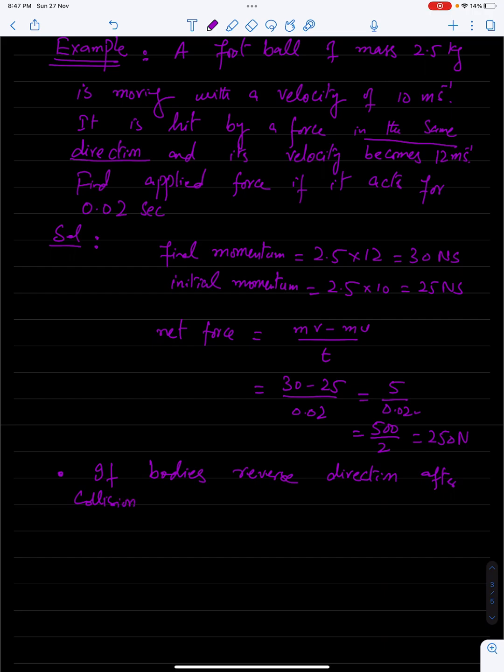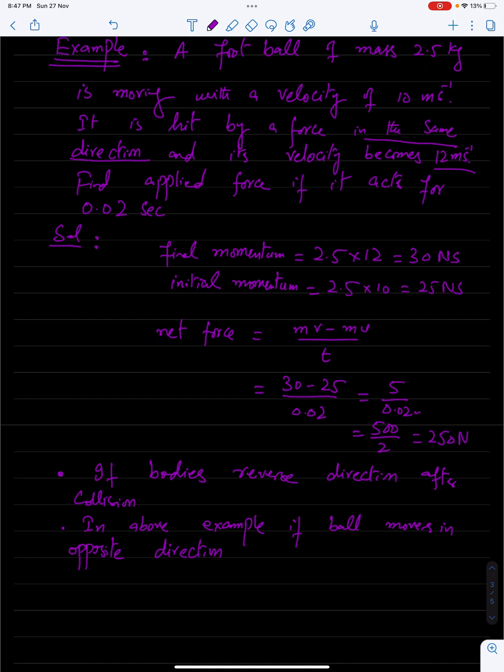Let's suppose the same ball moves with the velocity of 12 meters per second, but in the opposite direction. Means in the above example, if the ball moves in the opposite direction, when it is hit in the opposite direction, this situation can happen.